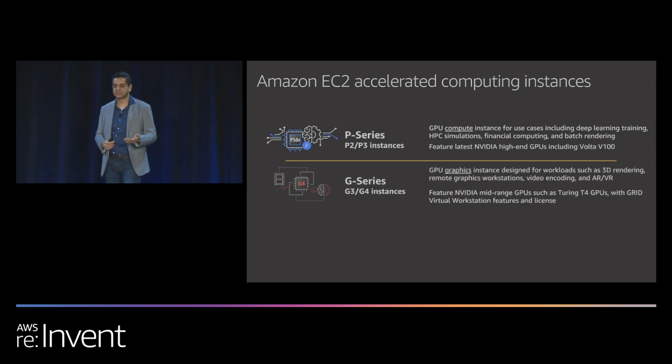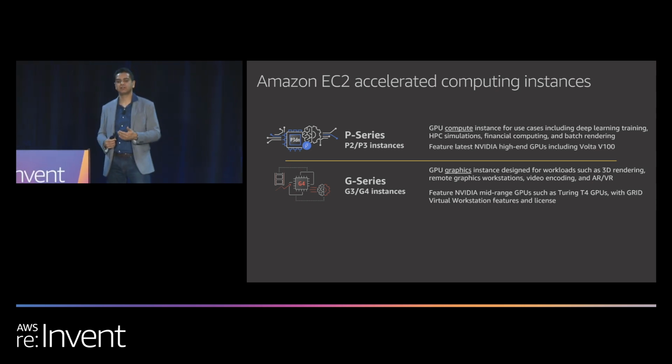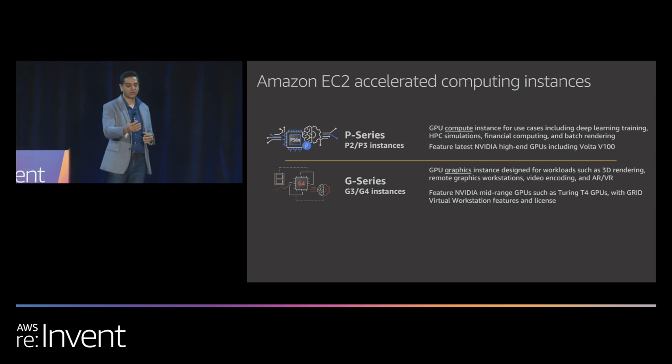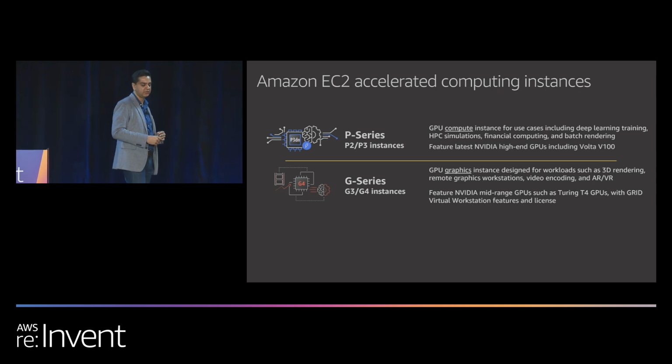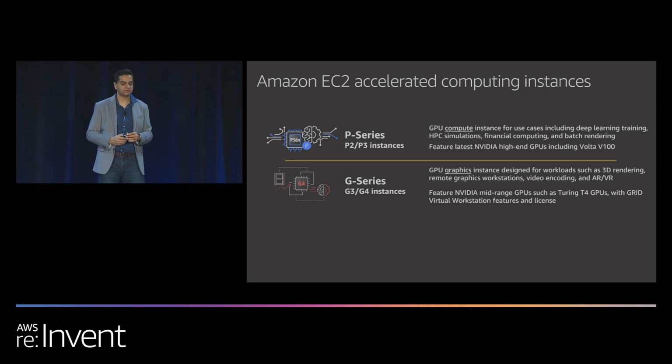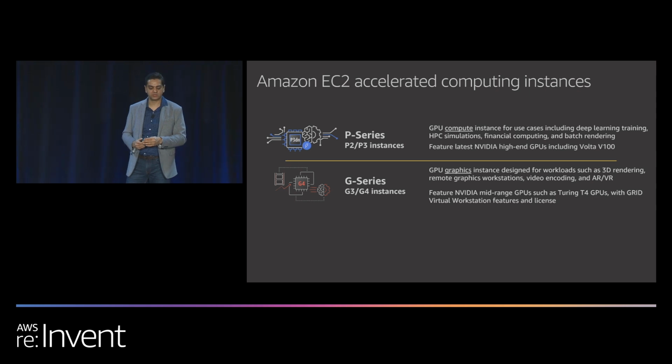You have the G series that are primarily targeted for graphics applications. Like I mentioned, 3D rendering, gaming, remote workstations, AR, VR are the type of workloads that these instances are targeted for. And our G4 instance is the latest in this category with NVIDIA's T4 GPUs as what we provision as part of that instance.